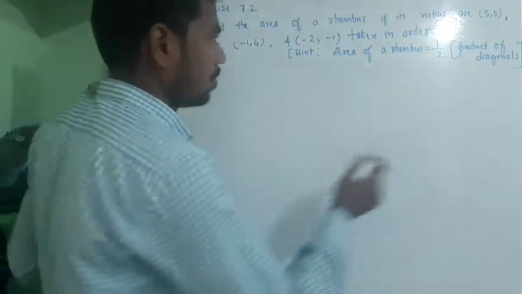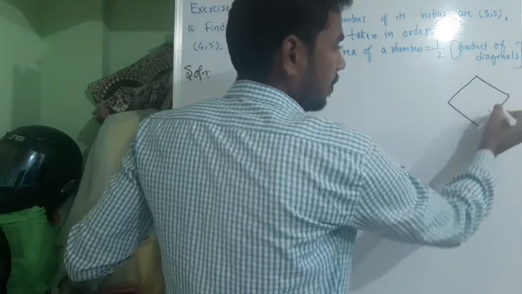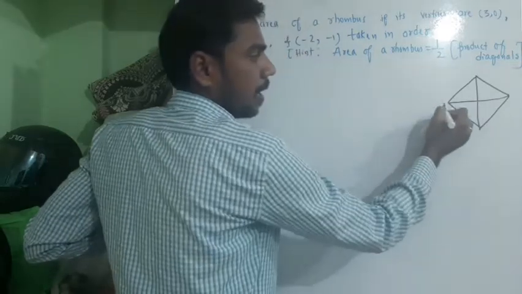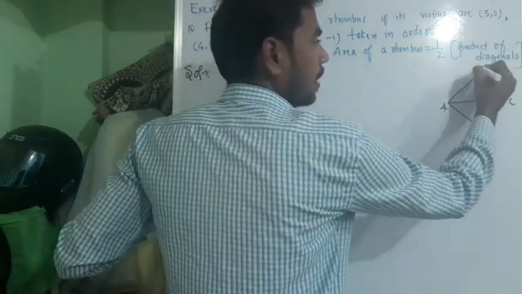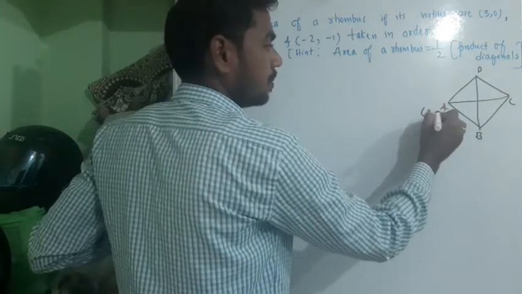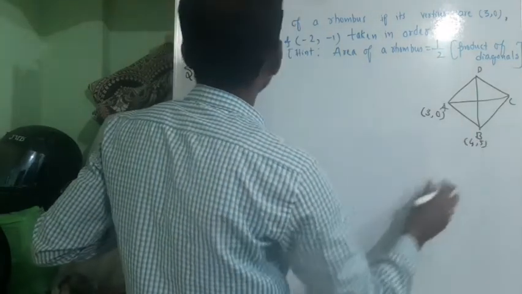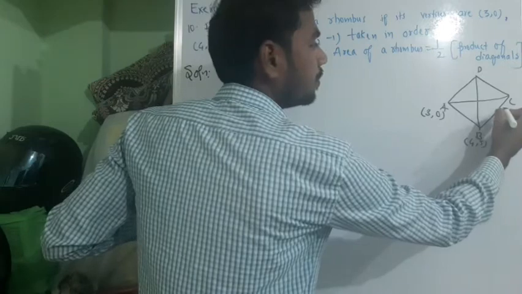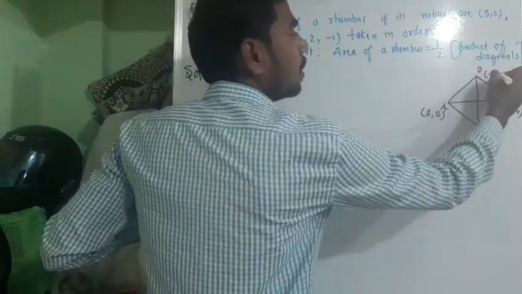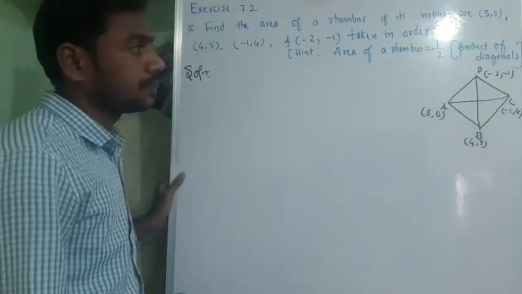Okay, so rhombus, all its sides will be equal, and this is one diagonal, this is the other diagonal, A, B, C, D, and the vertices are 3 comma 0, 4 comma 5, minus 1 comma 4, and minus 2 comma minus 1.